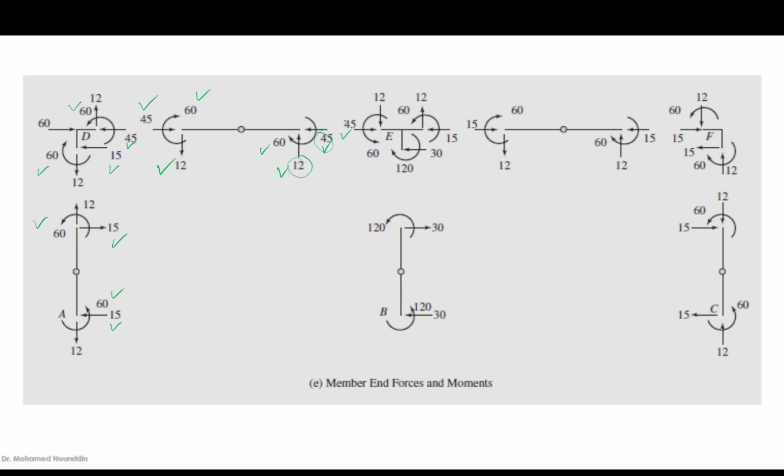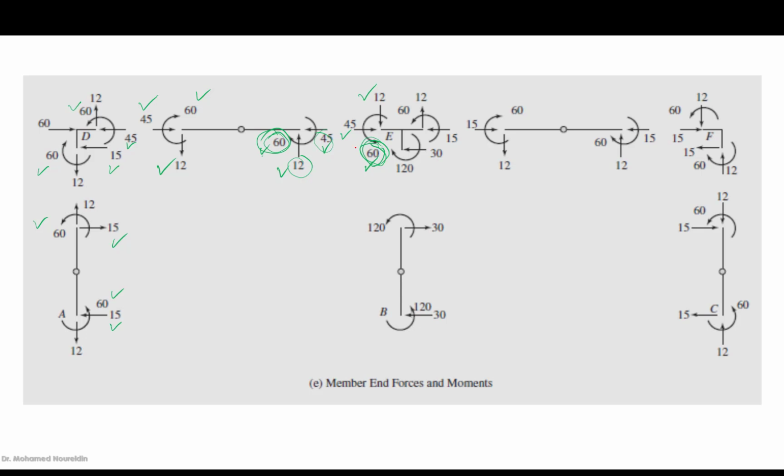This is 12, then this one is going to be known from the opposite direction. This is 60, then we are going to use this, which is 60, from the opposite direction. This is counterclockwise. This one is, sorry, this is clockwise, this is counterclockwise. This is clockwise, this one is counterclockwise.